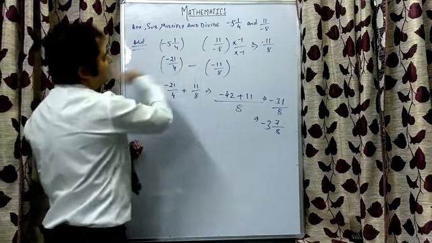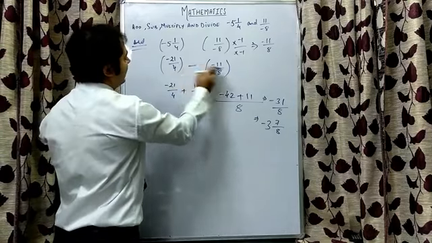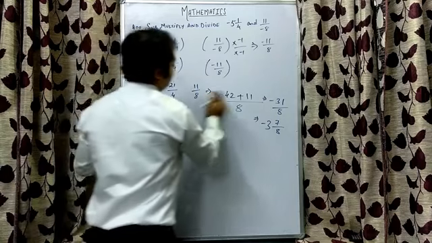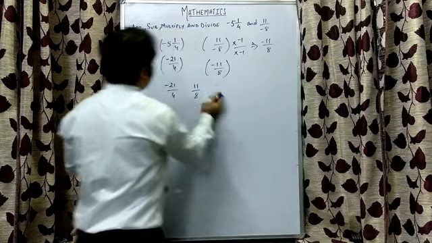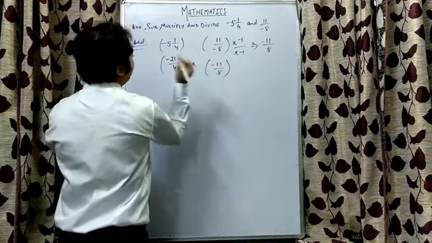Now next we need to multiply these two given rational numbers. For multiplication, after converting them into standard form, we will perform the multiplication operation. In multiplication, children, the same procedure: sign will be multiplied by sign and number will be multiplied by number.